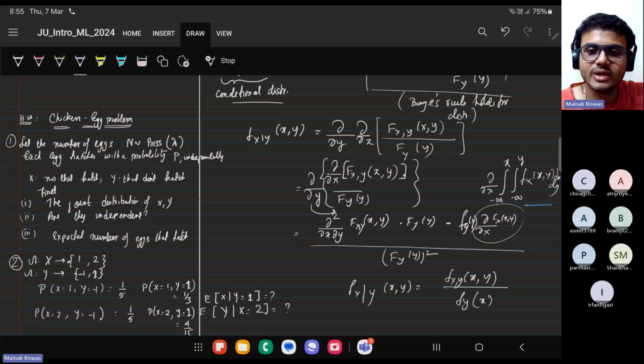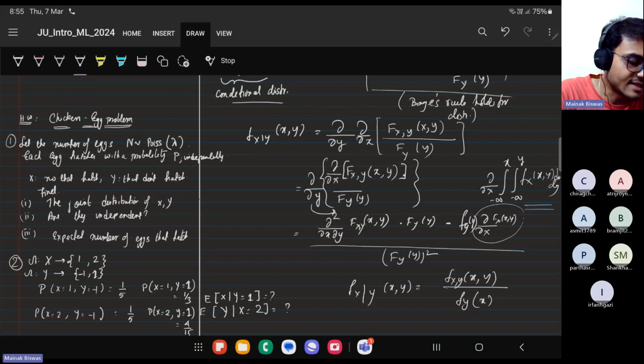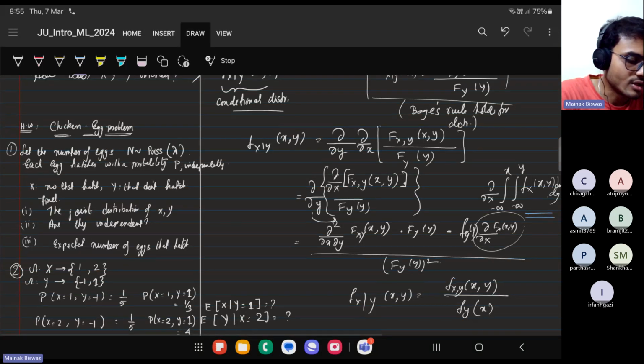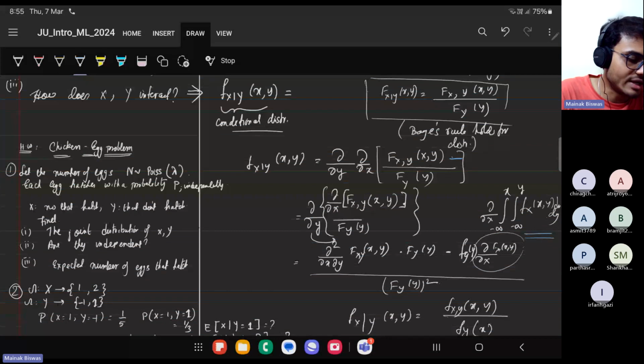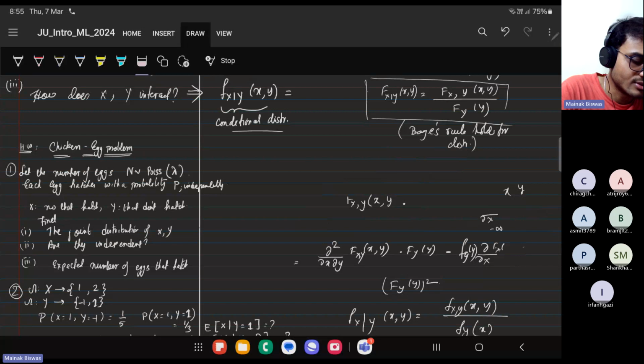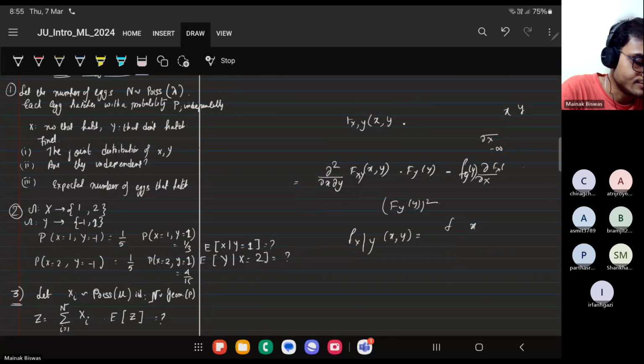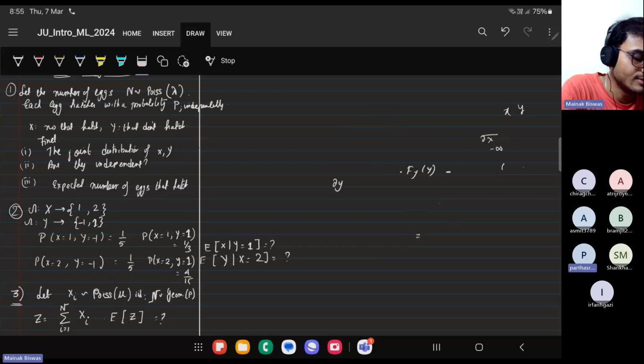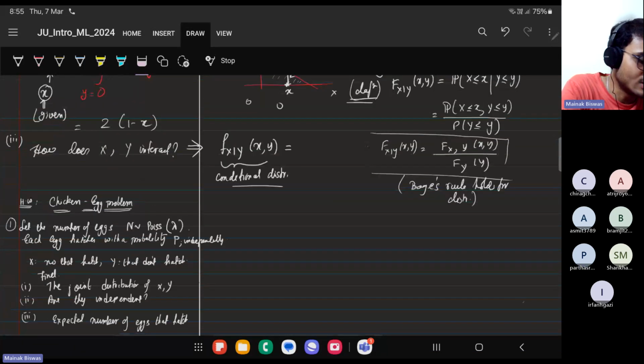But generally speaking, since this is the ratio of these two, we can also solve it a much simpler way. What is the simpler way? Instead of taking derivatives, can you tell me? We can use Bayes rule, but we have already done the Bayes rule over here.